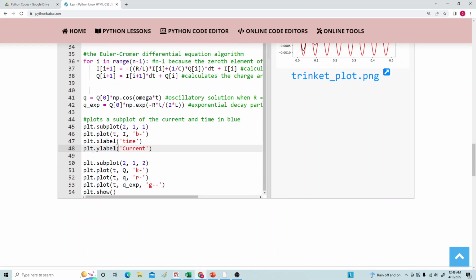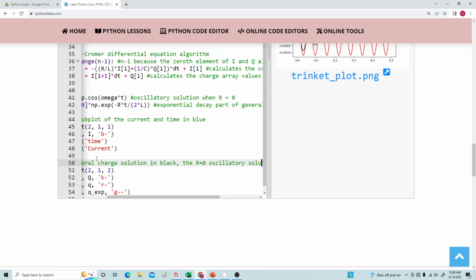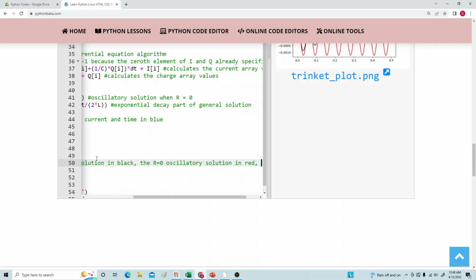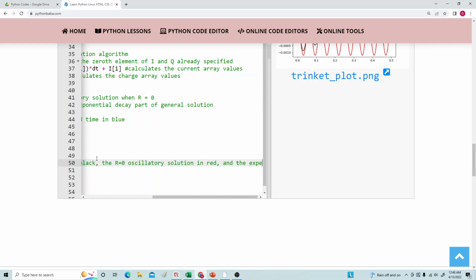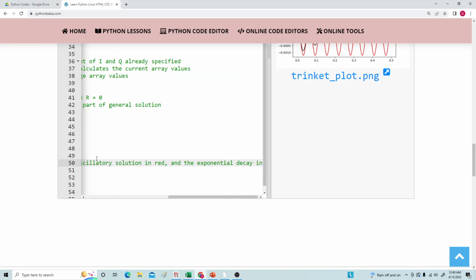And so this is going to plot the general charge solution in black, the R equals 0 oscillatory solution in red, and the exponential decay in green.